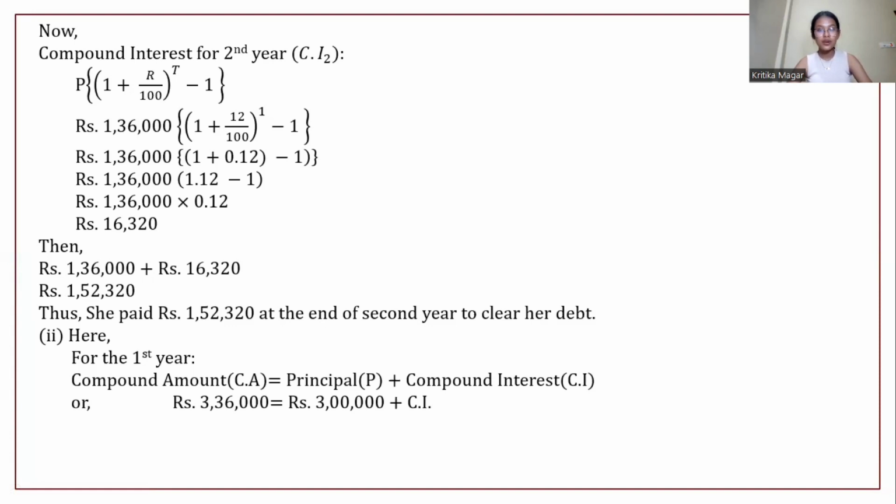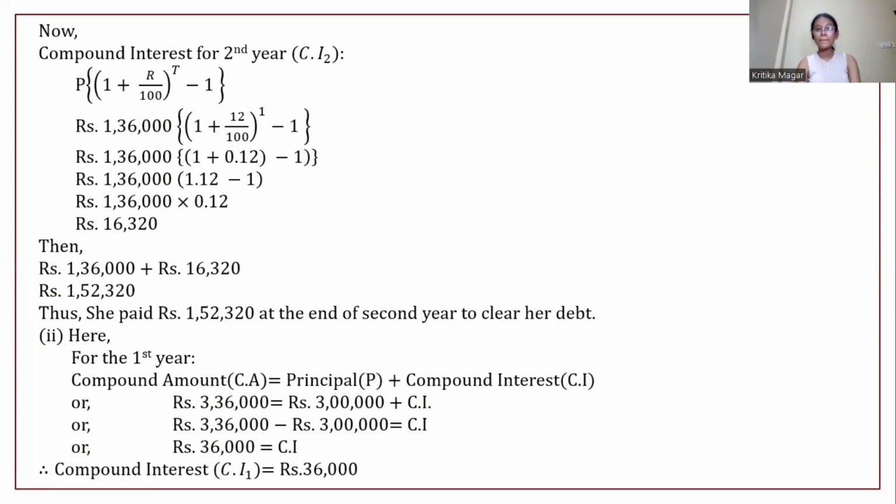The compound amount 3,36,000 minus principal 3 lakh gives the compound interest of 36,000.